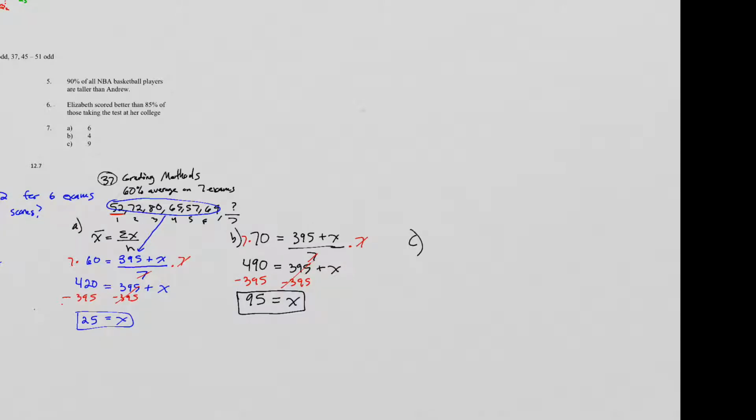Okay, another question would be, if her lowest grade of the exams already taken is to be dropped, what grade must she receive on her last exam to pass the course? Okay, so this time the goal is a 60 with lowest dropped.